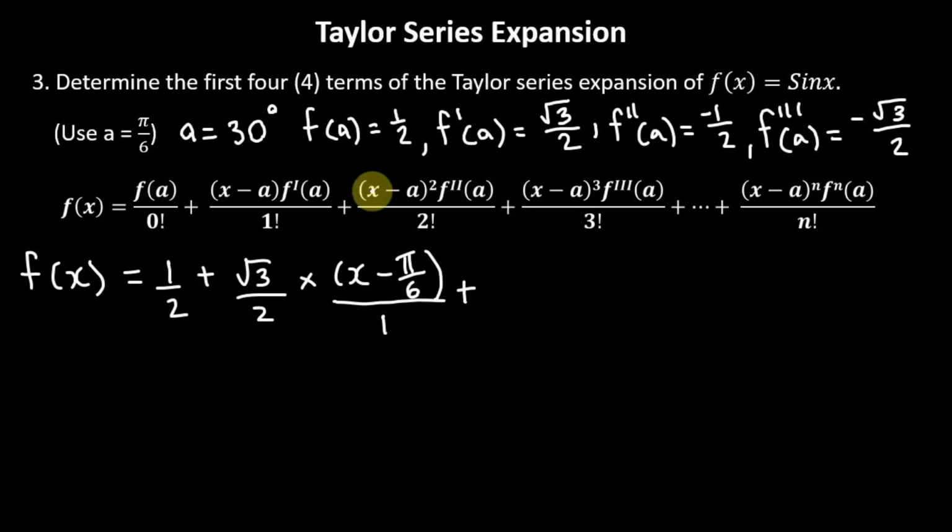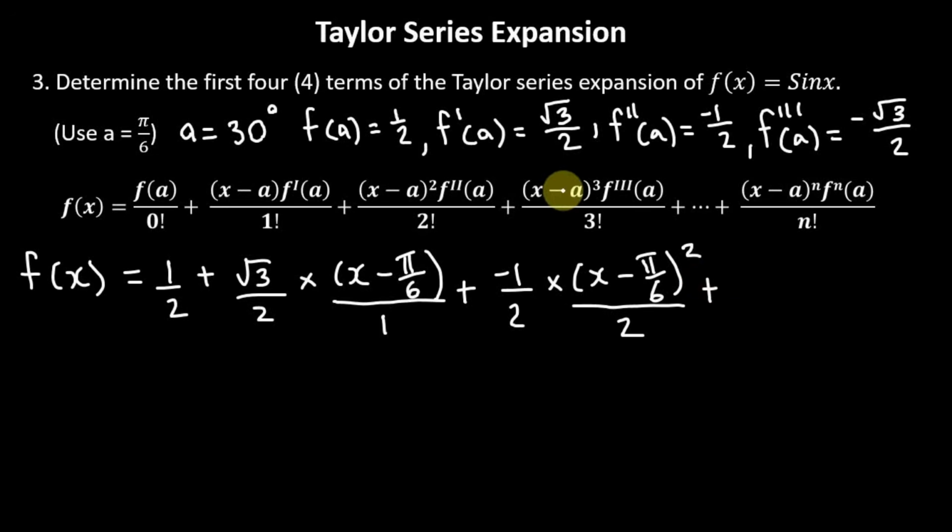plus, again, we'll multiply this bracket here, x minus a in bracket all squared, by the value that we got for the second differential for f of a, which was minus 1 over 2, minus a half. So minus a half times x minus, again, the value for a is pi over 6, and we'll square the bracket just the same, and we'll put this over 2 factorial, which is 2, plus we'll multiply this bracket here, x minus a all cubed, by the value that we got for the third differential of f of a, which was minus root 3 over 2.